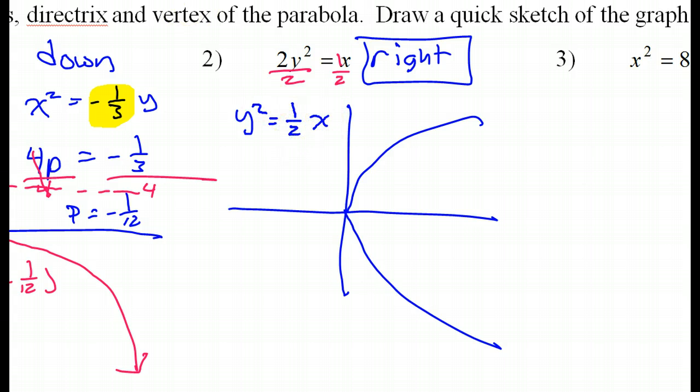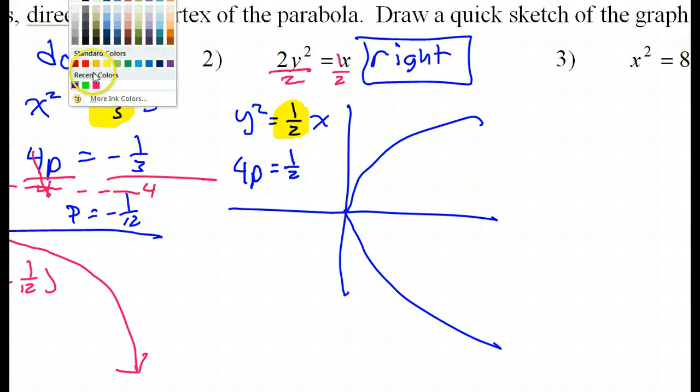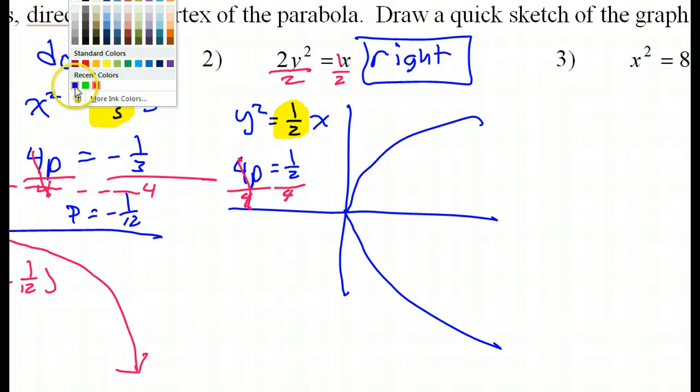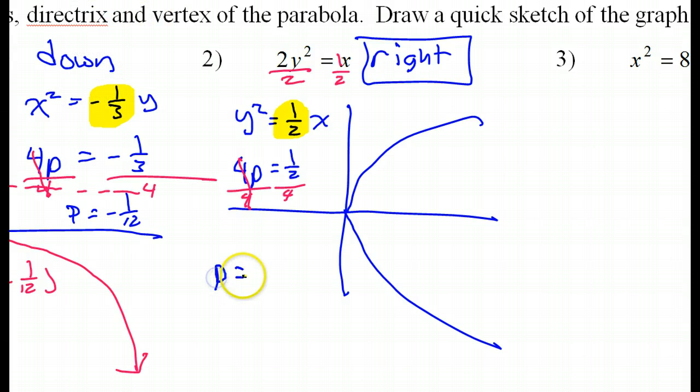So this must be our 4p. 4p is equal to 1/2. If I divide both sides by 4, that's going to give me p equals 1/8. This is just going to wind up multiplying by 1/4, so I get 1/8.